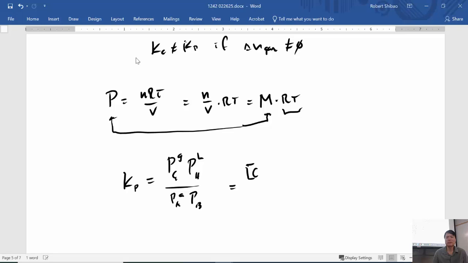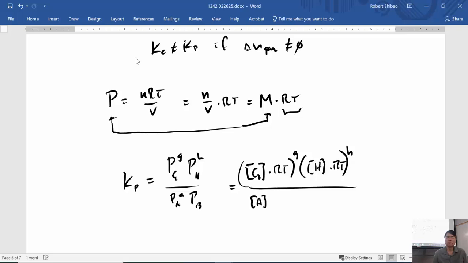The molarity of the gas, we give this symbol, square brackets G, times RT. And then we're going to raise that pressure to the G. The molarity of H times RT raised to the H power. Raised to the B power.